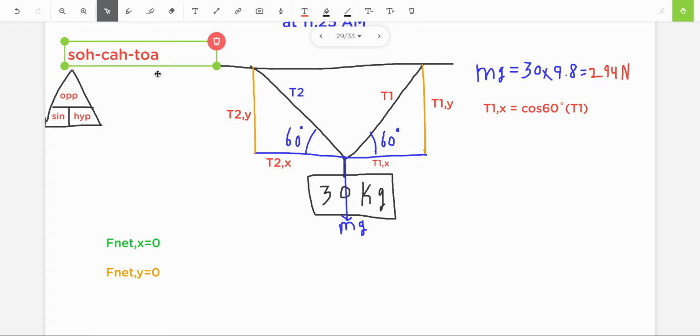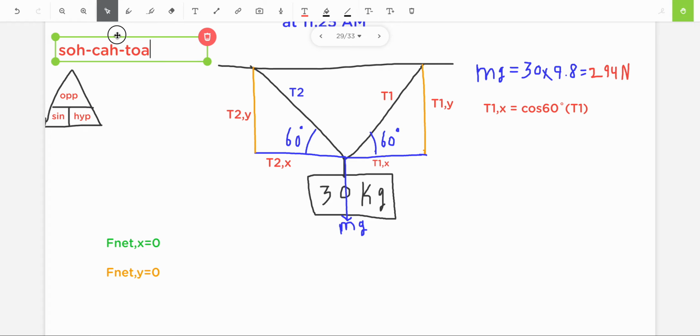Always remember that the angle in the middle will be up, like the opposite in sine.